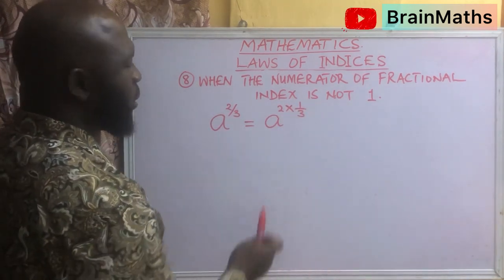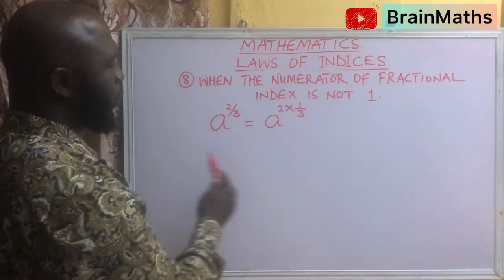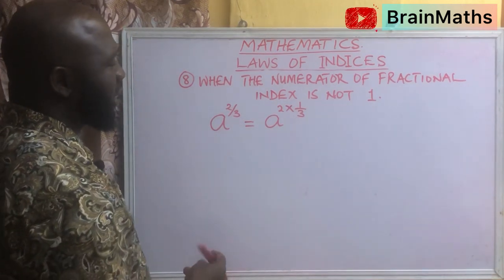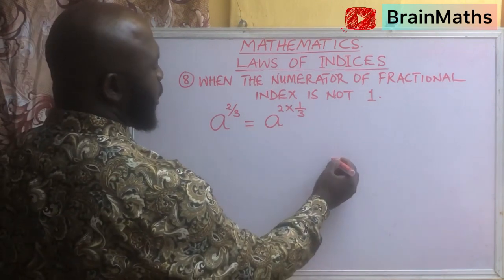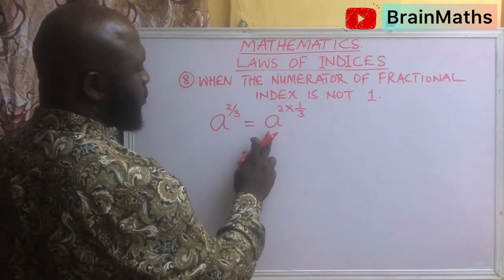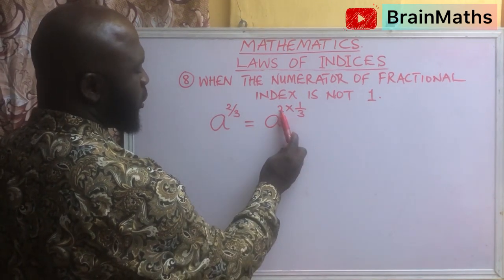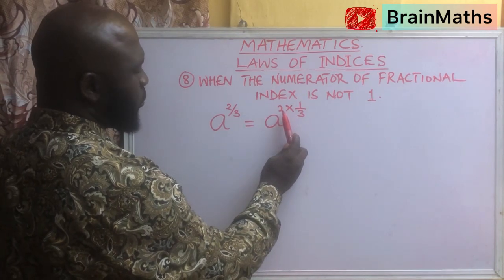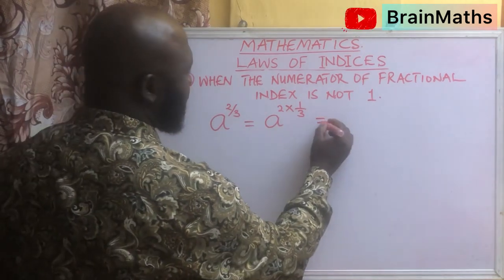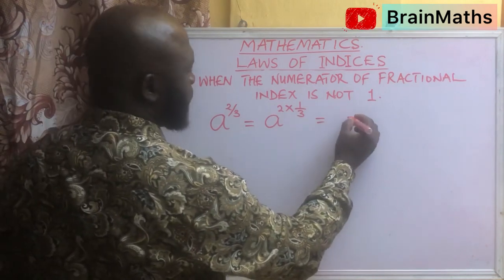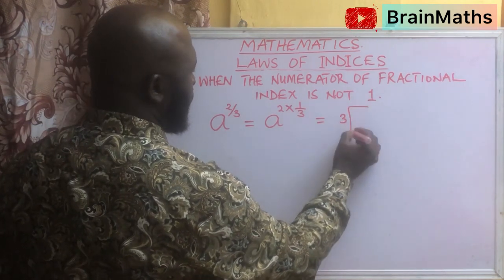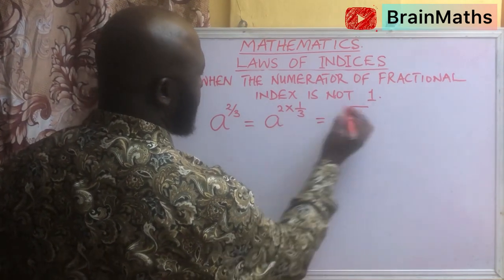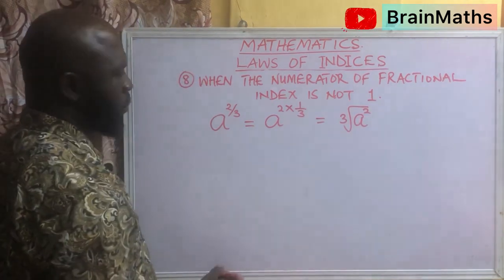Don't forget that 1 over 3 from rule number 7 is the same thing as the cube root of a, leaving us with the square standing on its own. So we can rewrite this as the cube root of a raised to power 2.